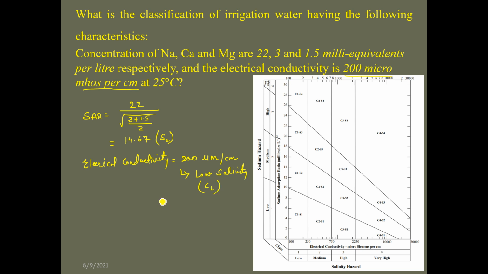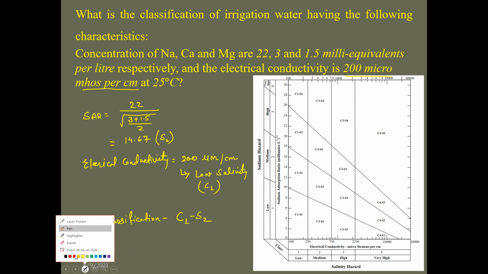So if we need to classify this water depending on the concentration of these elements and electrical conductivity, then the water classification is C1S2. So this is your classification, correct?